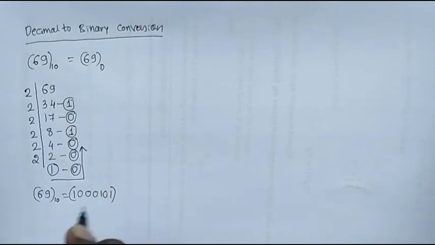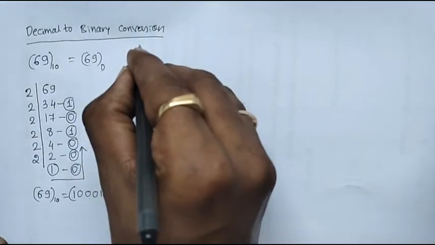We can represent it with subscript 2, that indicates binary, or in place of 2, we can use B also.